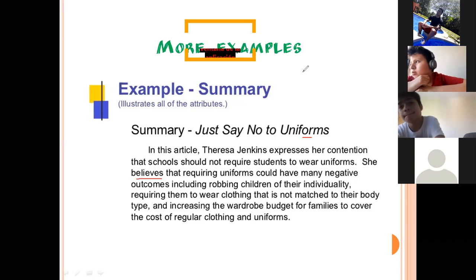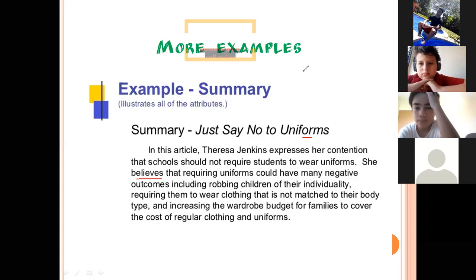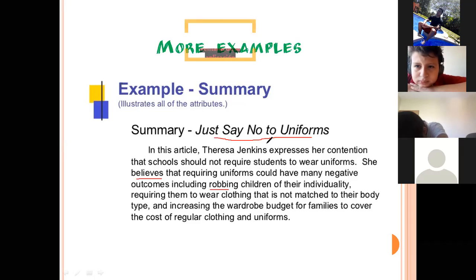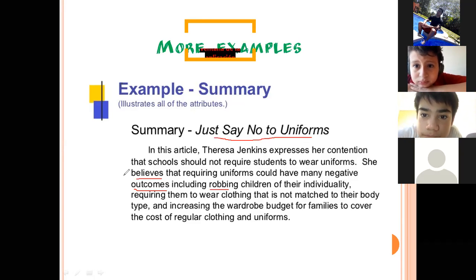Okay, Dimitri says, Teresa Jenkins, her idea is why we should say no to uniforms because there could be many negative outcomes. I like it, I really like it because you are simplifying the idea about outcomes. Outcomes, they are talking about the expenses, right? In Spanish it is gastos, you know, outcomes or expenses.